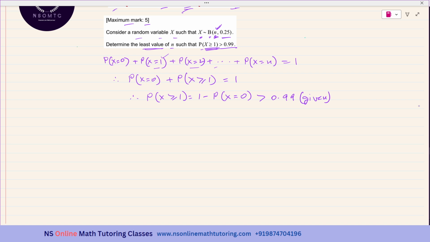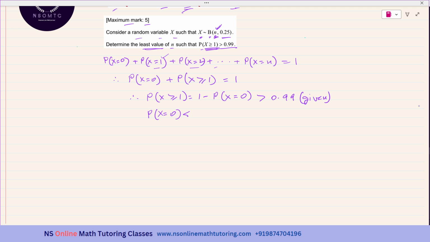So what is the probability of X equal to 0? I'm adding P(X = 0) to both the sides, and I'm also adding negative 0.99 to both the sides.